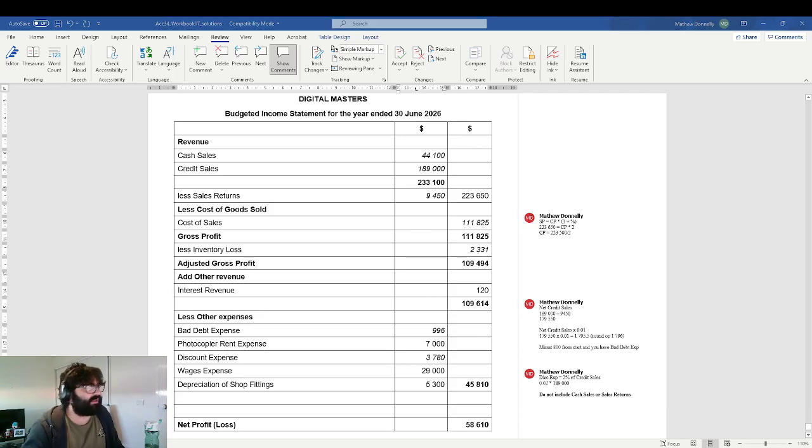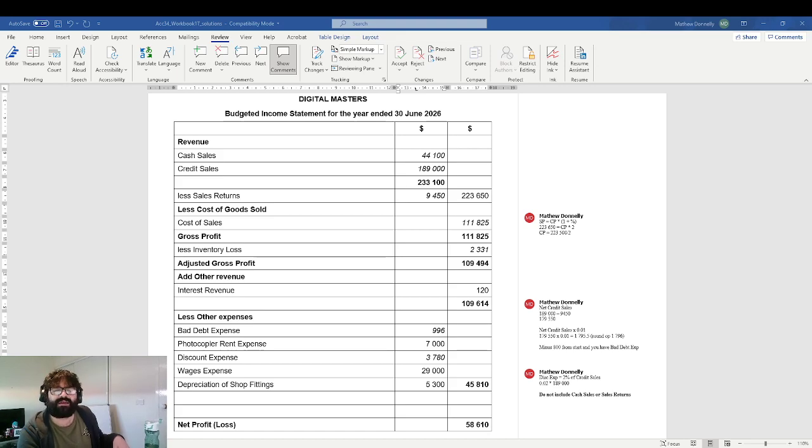And then we just re-add our numbers again: 996 plus 7,000 plus 3780 plus 29,000 plus 5300 will give us 46,076. But there is one number I have missed. If we read the textbook, the advertising campaign is $3,000.